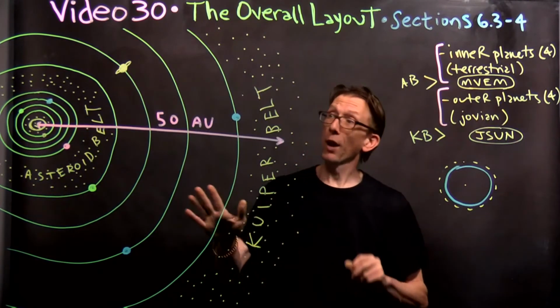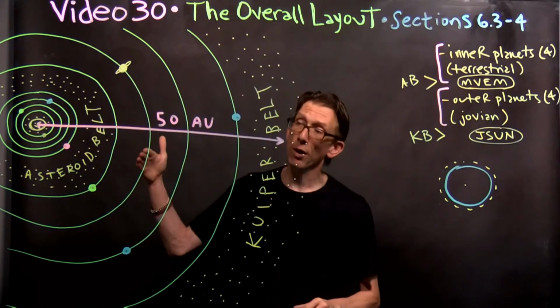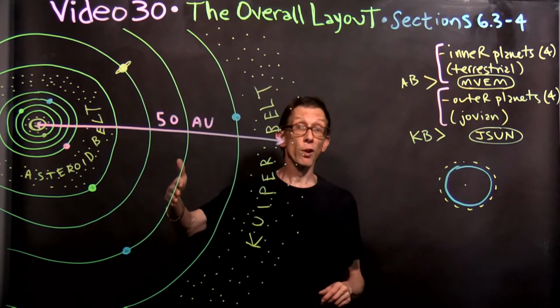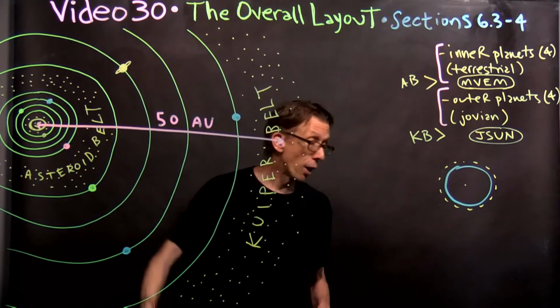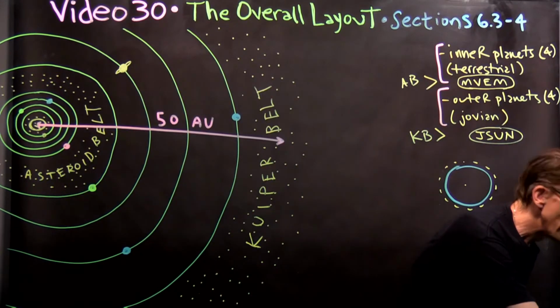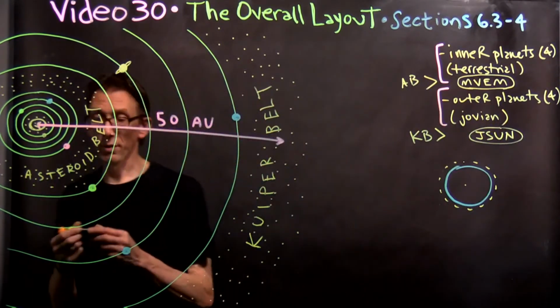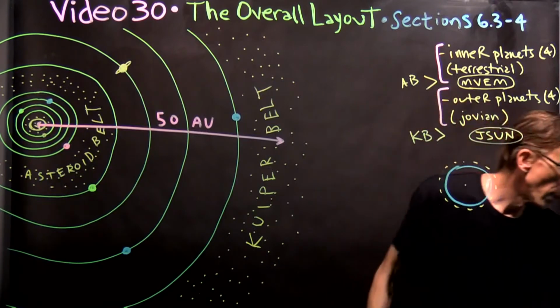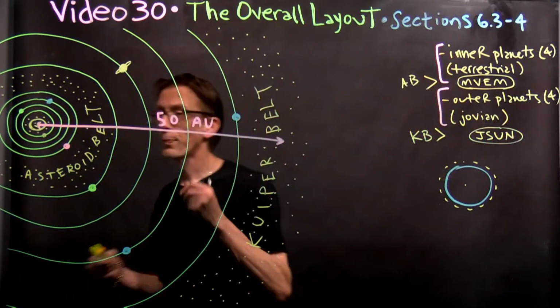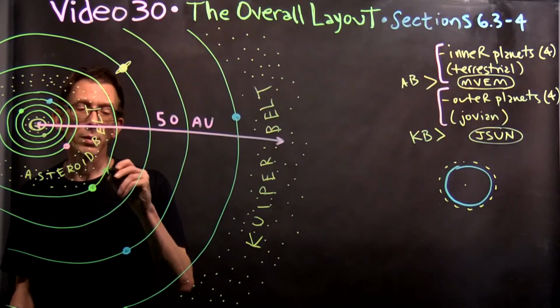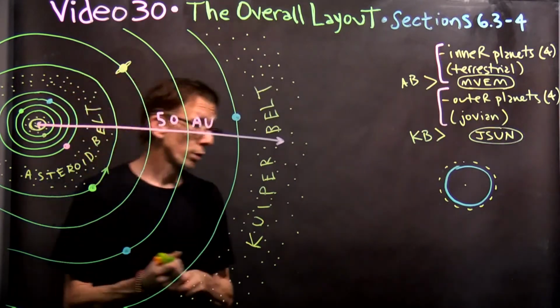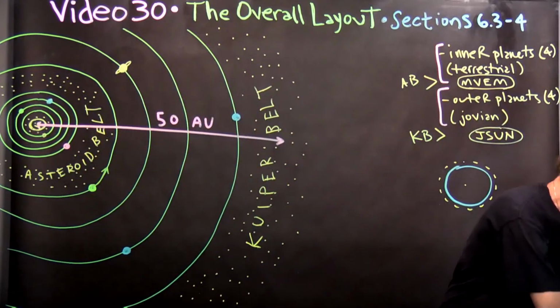One last thing to say is that all the planets, if we look down on the solar system from above the Earth's North Pole, all move in the same direction. All planets move in a counterclockwise sense.